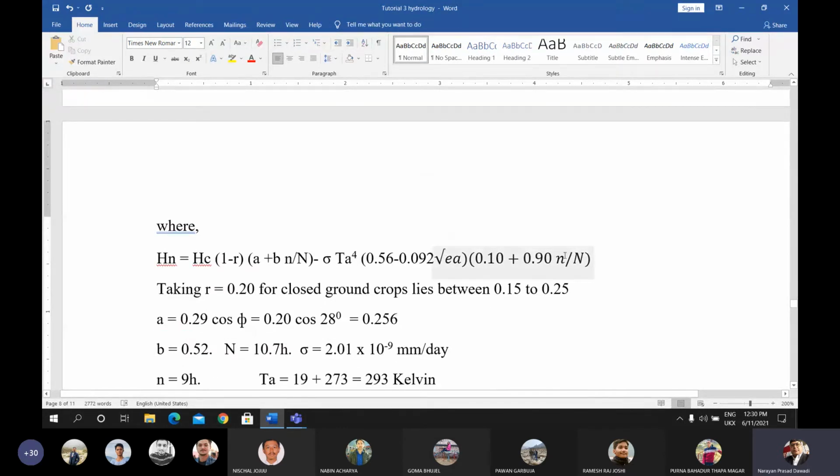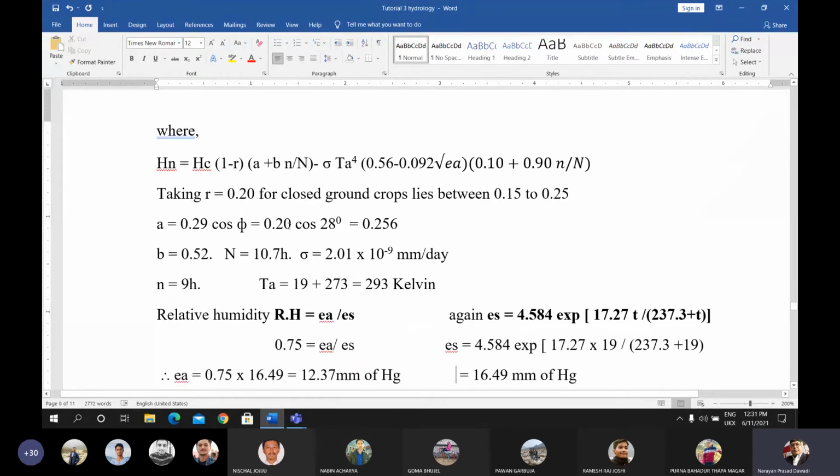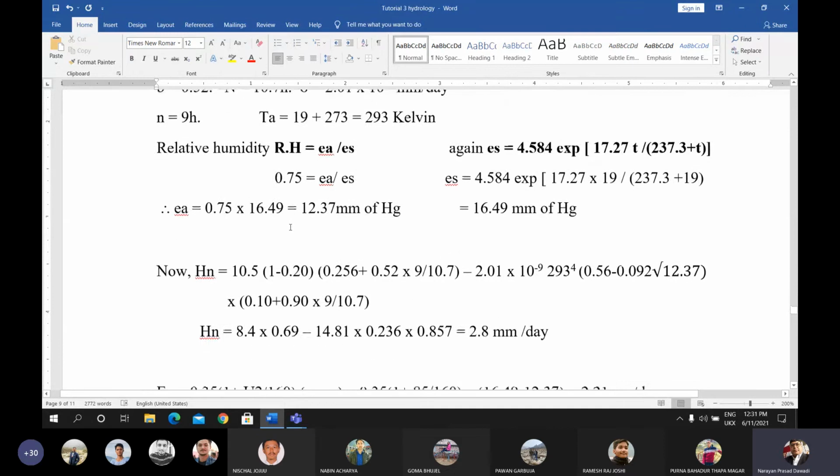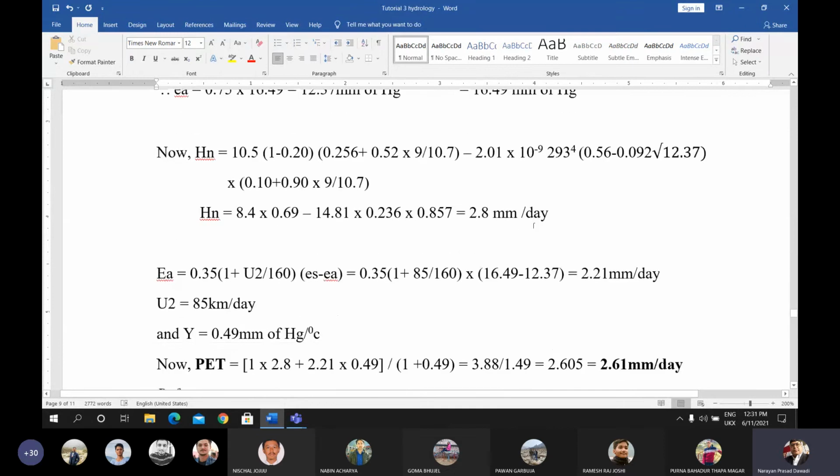Now you know the small n, capital N, you know EA, you know TA, you know sigma, you know the values of B, A, R, SC. So from this equation you can find the net heat radiation by using the equation Hn. After putting all these values, the net heat radiation is calculated as 2.8 mm per day.